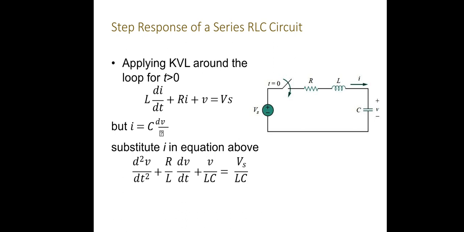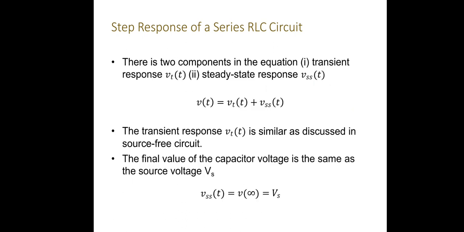So d square V by dt square plus R by L dV by dt plus V by LC is equal to Vs by LC. This is the resultant second order equation. We applied Kirchhoff's voltage law to it and we got this.